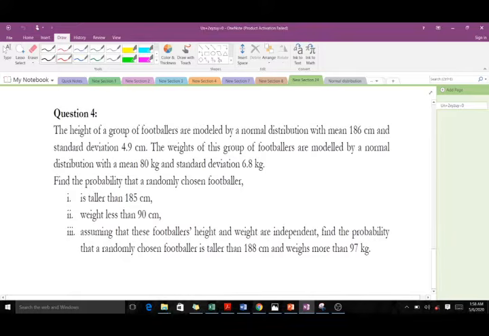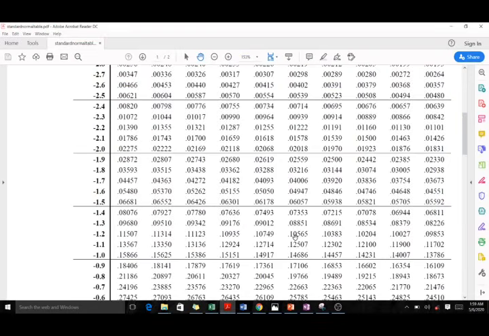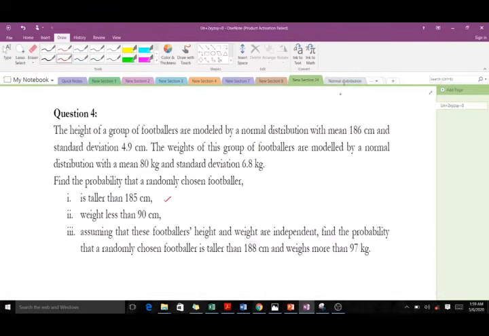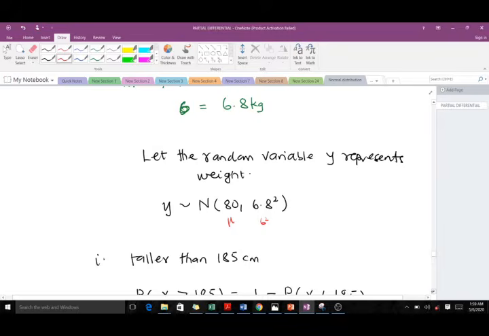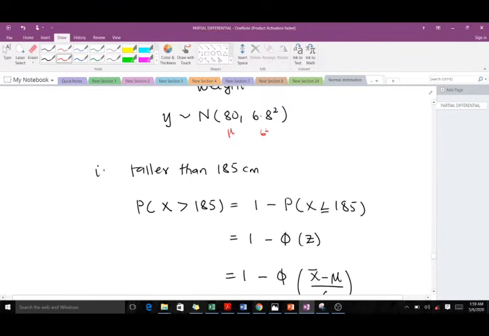Then the question says find the probability that a randomly chosen footballer is taller than 185 centimeters. So it's taller than 185 centimeters. So the probability that the footballer will be taller than 185 centimeters will be the probability that X is greater than, you see taller means greater than, so greater than the 185 here.